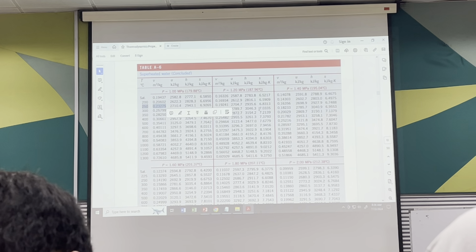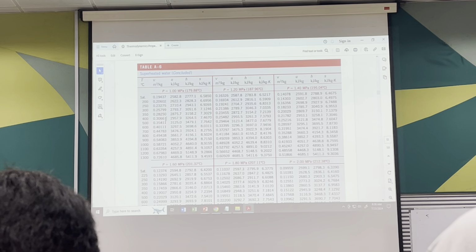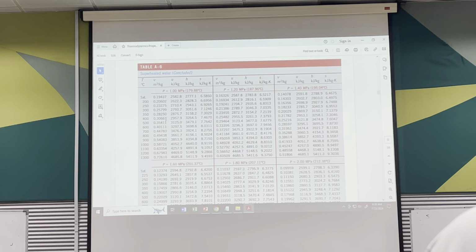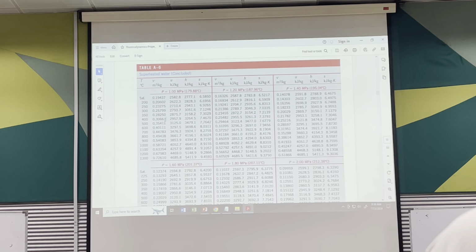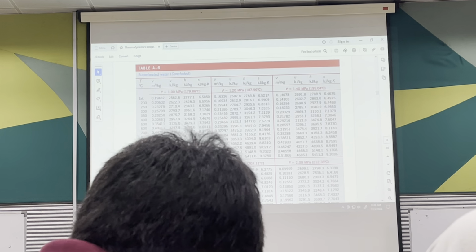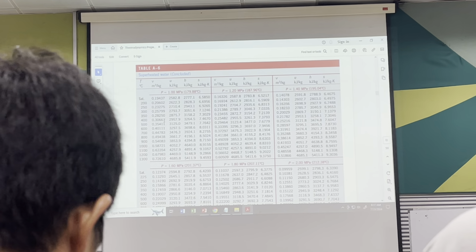So different tables will give you different values, so bear this in mind. Don't try to change tables. If you use one, just keep to one. Sometimes if you feel lazy, you Google it online, and they will give you values also, but sometimes it won't be the same.